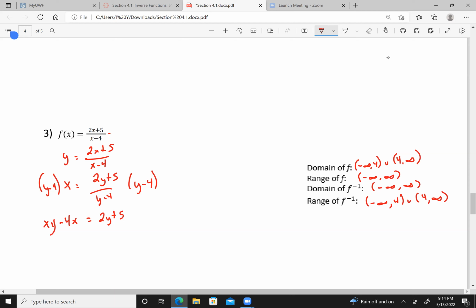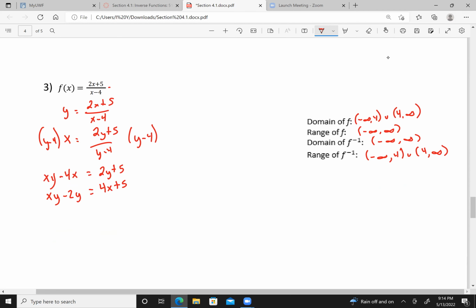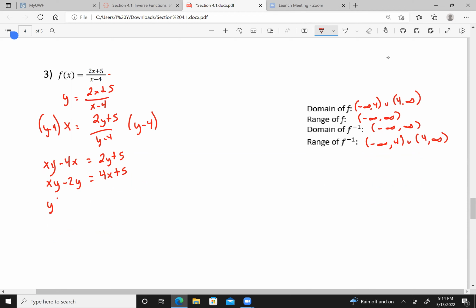Okay, bring this 2y over. I get xy minus 2y. Add the 4x to both sides: 4x plus 5. I can factor out my y and get x minus 2 times y equals 4x plus 5. Divide. Y equals 4x plus 5 divided by x minus 2. So f inverse of x is equal to 4x plus 5 over x minus 2, which brings us to another issue.